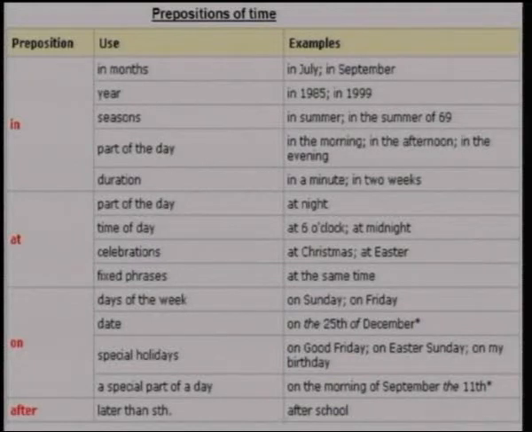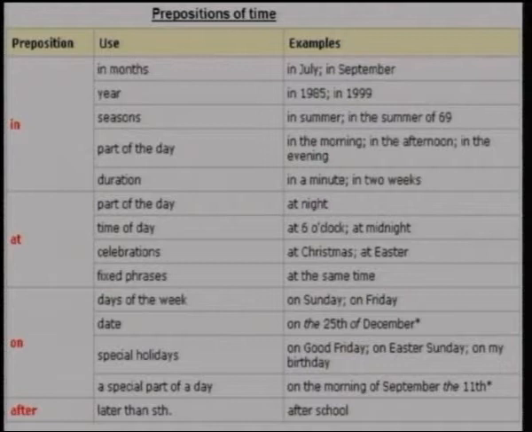Semantically, we see that the prepositions are of different semantic functions. We have prepositions of time. So we have in, at, on, after, before, etc. Now in precedes months, years, seasons, and parts of the day.